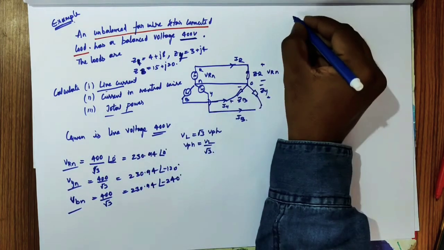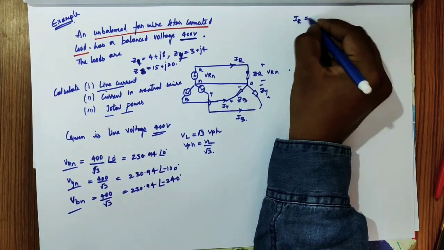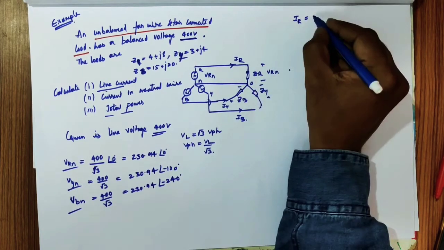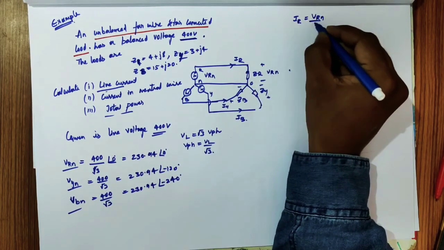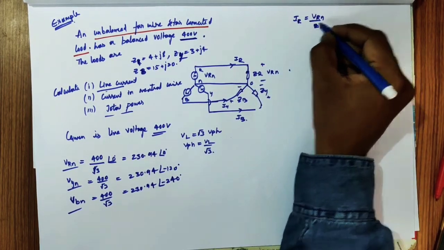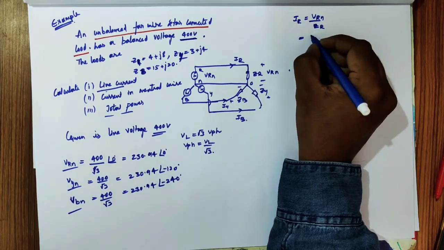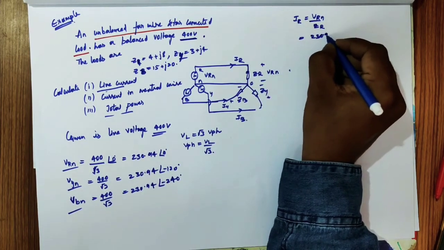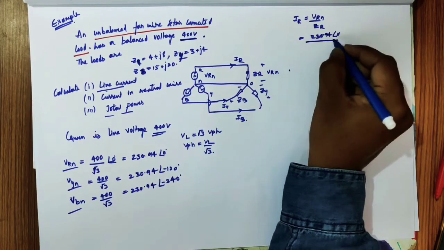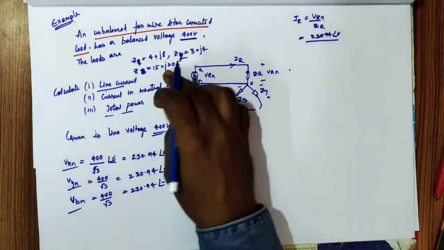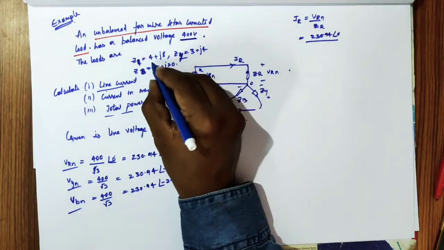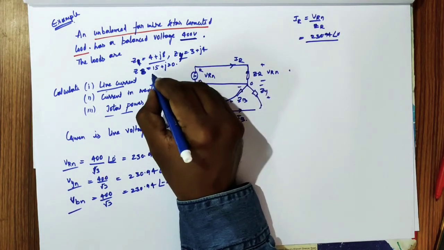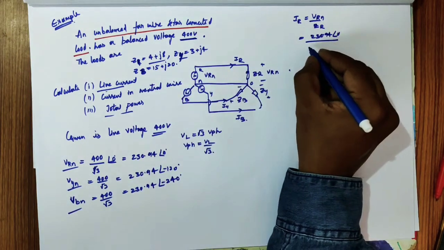Now we have to find the line currents, that is IR equal to what? VRN by ZR, and that will be equal to 230.94 at an angle of 0 divided by ZR. Substitute this either in rectangular form or polar form, by calculator you find that.